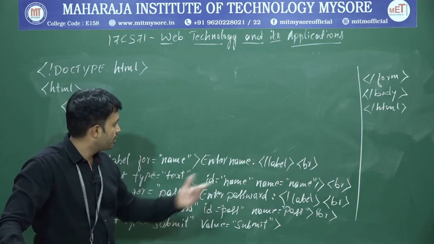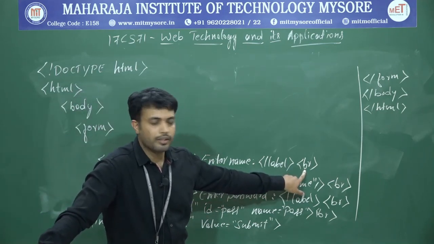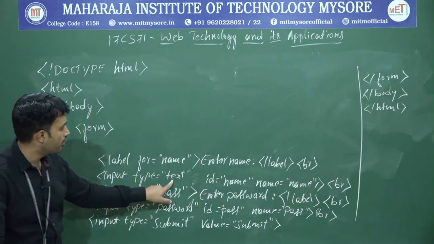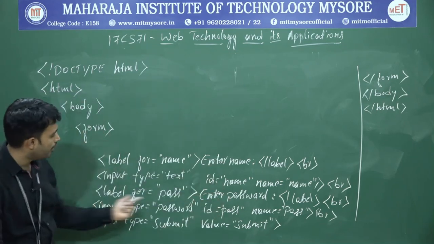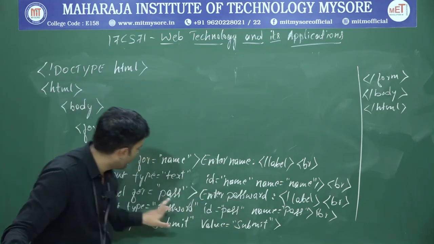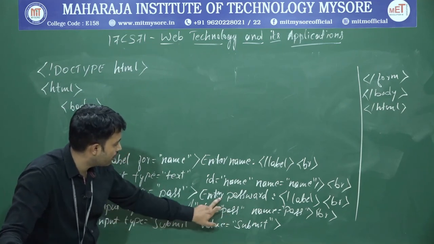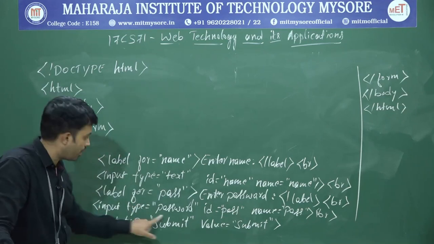After this label, because I am using a break tag, you can see this text box next to this label in the next line. Likewise, again enter password for the password ID. The ID is pass, so this enter password will be set as a label for this input password.